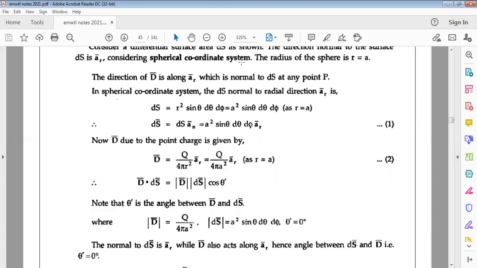So now substitute D bar is equal to Q by 4 pi A square into AR bar, and dS is A square sin theta d phi AR bar. Now I'm taking the magnitude: Q by 4 pi A square only, and the magnitude of dS is A square sin theta d phi. And the angle theta between them is equal to 0 degrees.